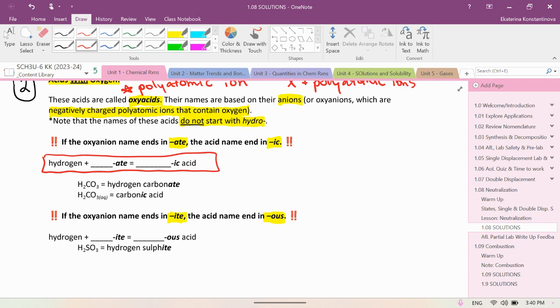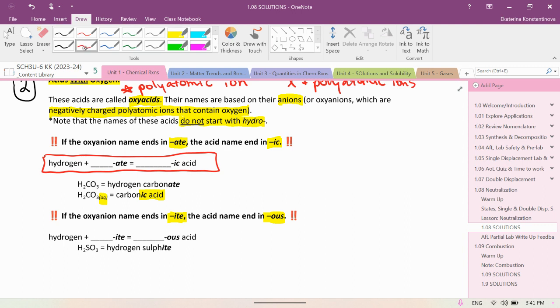The next example is H2CO3 aqueous. Now notice there's that aqueous that tells you it's an acid. As soon as you see aqueous beside it, and you have to write it too, that is carbonic acid, okay?